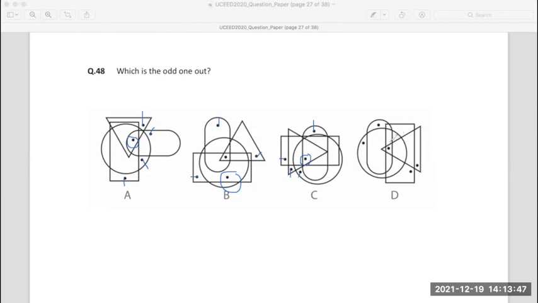The same condition one can see here also. One dot overlapping all the shapes and other dots in single shapes. And that's why option B is the odd one out. Is this clear, students? Yes, ma'am.